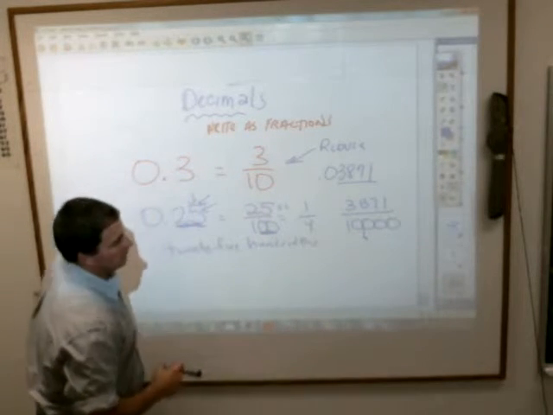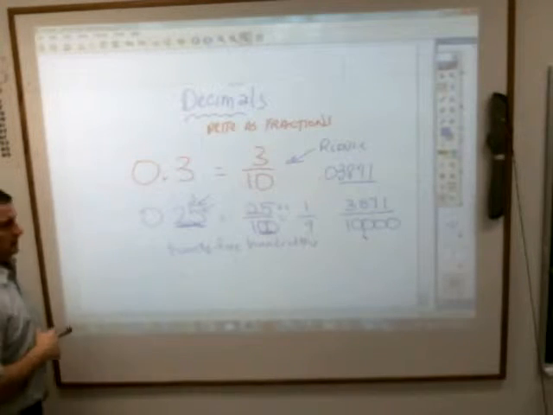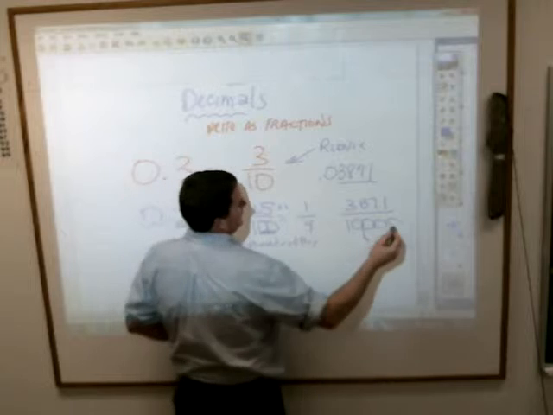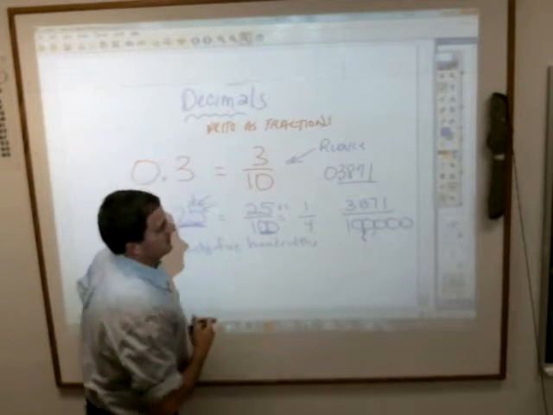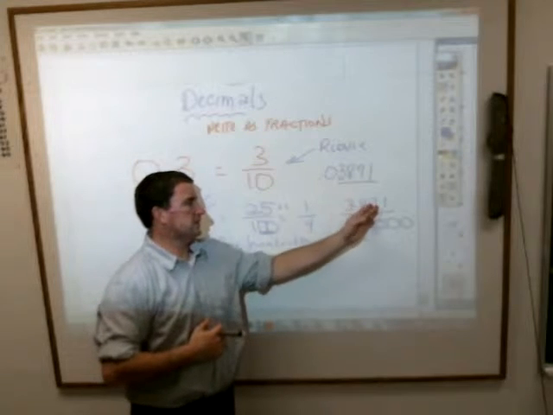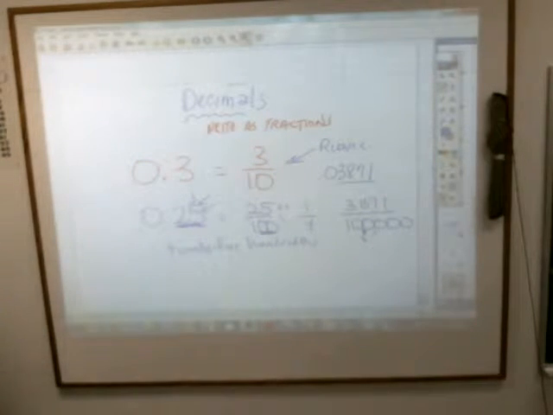Can I reduce that? Probably not. So you'd say that number is 3,871 100,000ths. And that's pretty much the whole spiel.